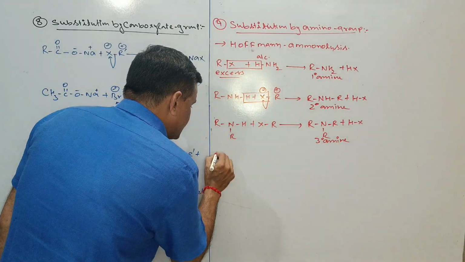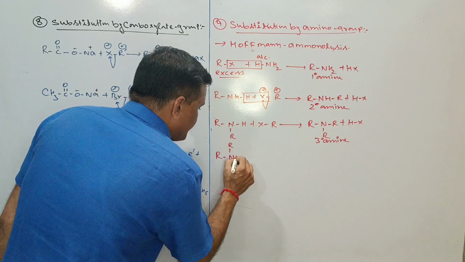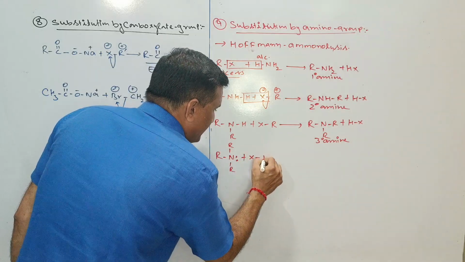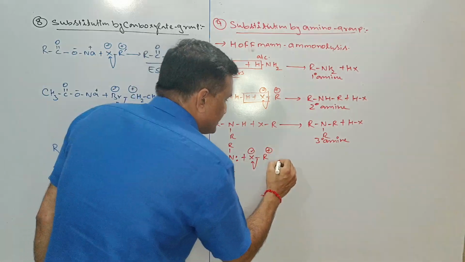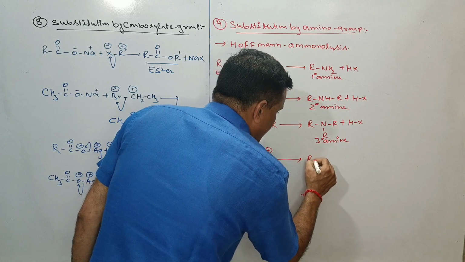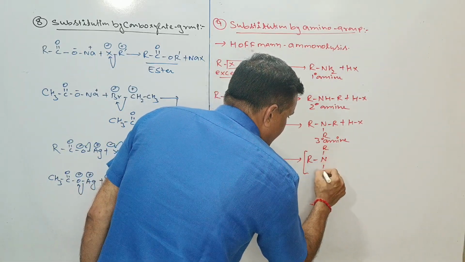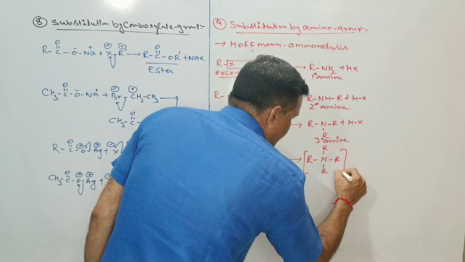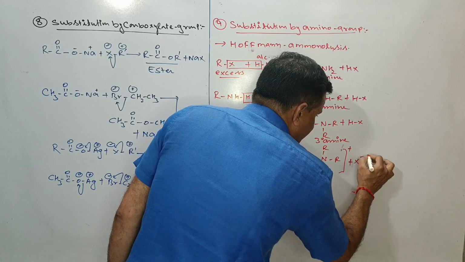And if we go again, then this 3 degree amine, due to the presence of a lone pair, on reaction with alkyl halide gives quaternary ammonium salt. This is N, this is R, R, R, R, and this is positive, X negative.